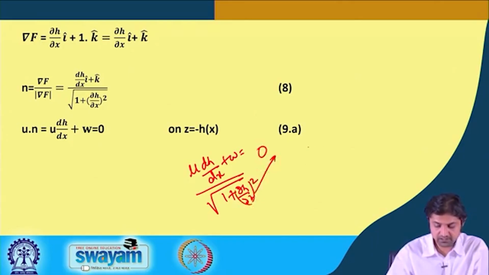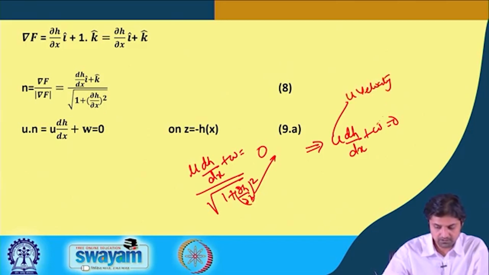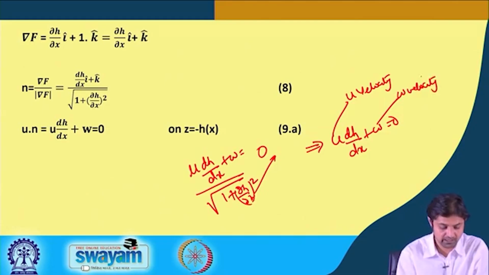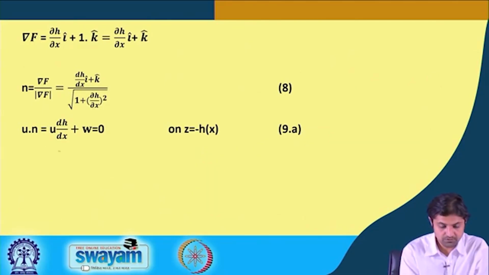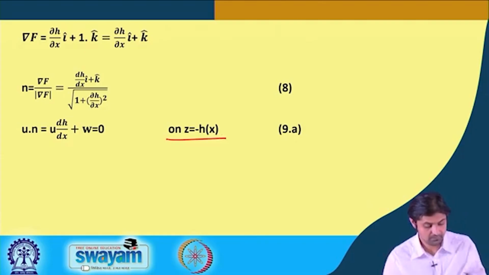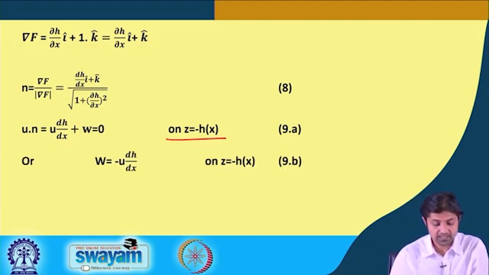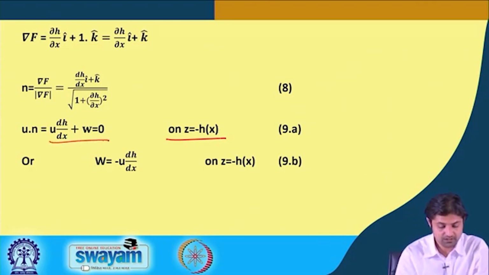Therefore, we get u dh dx plus w is equal to 0. This is the u velocity and this is the w velocity. U velocity means x direction, w means z direction. So we get u dot n is equal to u dh dx plus w is equal to 0 on the surface. Or we can simply write, w is equal to minus u dh dx on the bottom boundary.